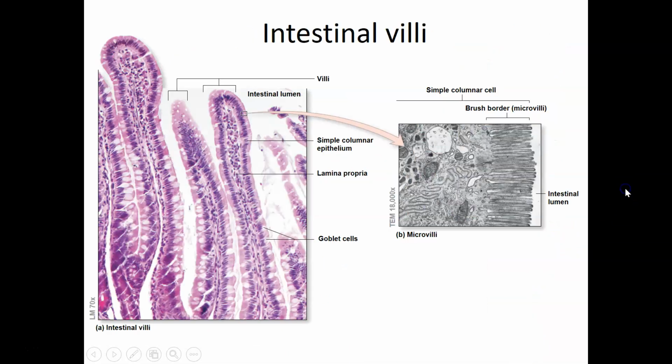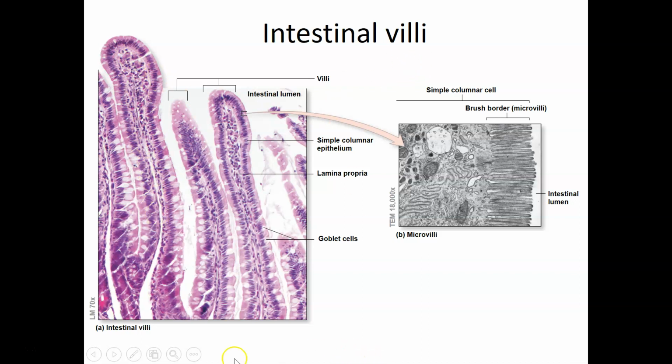This is an actual histological slide showing the intestinal villi. Here is the simple columnar epithelium with mostly absorptive cells, and you can see a few goblet cells as well. And here's the lamina propria, which is going to have blood vessels and lymphatic capillaries embedded in it.